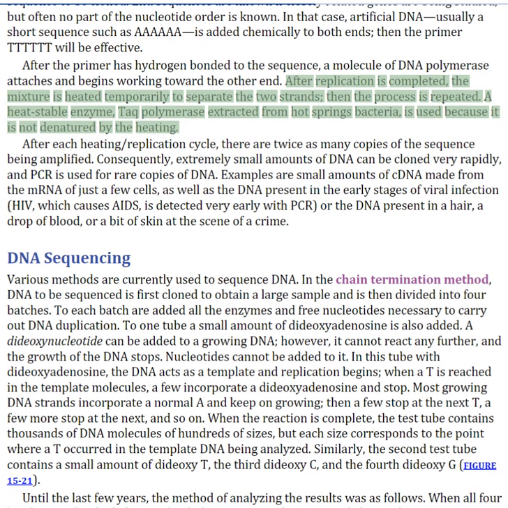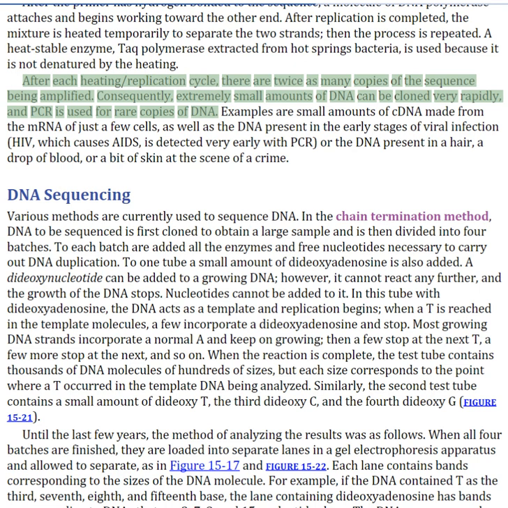After replication is completed, the mixture is heated temporarily to separate the two strands, then the process is repeated. A heat-stable enzyme, Taq polymerase extracted from hot springs bacteria, is used because it is not denatured by the heating. After each heating replication cycle, there are twice as many copies of the sequence being amplified.